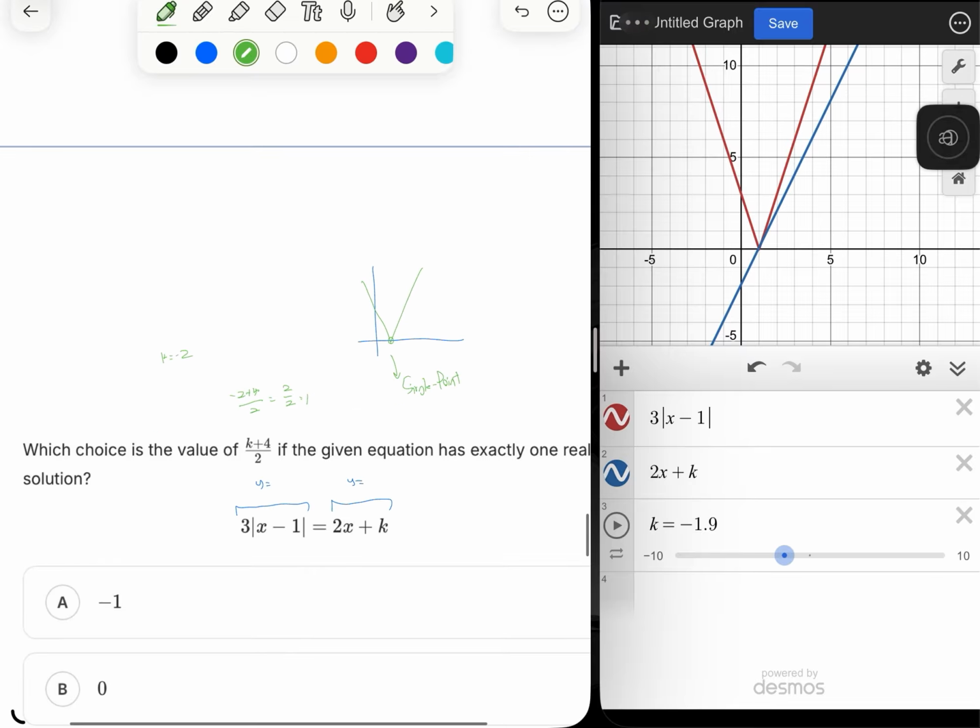So that's why I call this a single point lock, and it's a good idea to memorize these specific frameworks in your head because you can apply them right away when you're doing these complex problems.